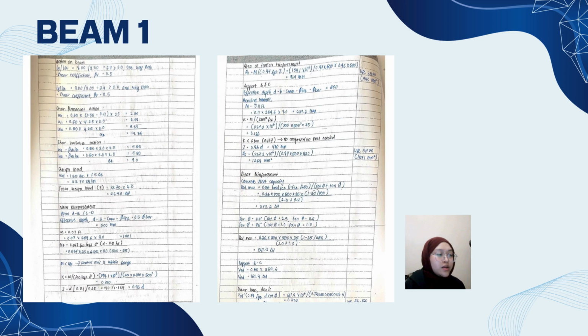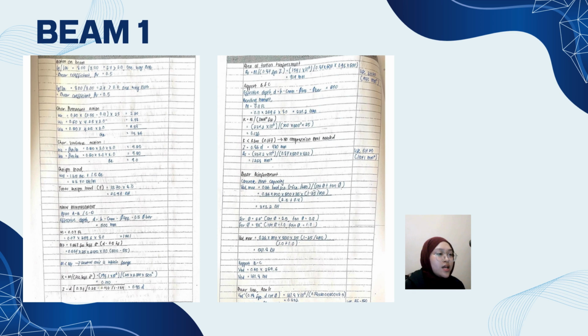For the main reinforcement, we designed the reinforcement for two different areas, spans AB and CD. We checked the moment capacity and found the neutral axis is within the flange. Based on this, we use 2H20 bars. At support B and C, the bending moment here is higher, 237.2 kNm.